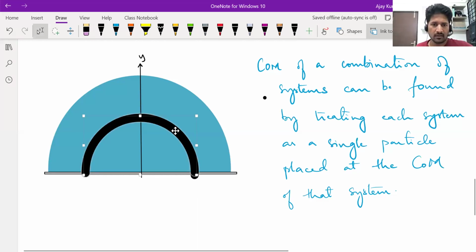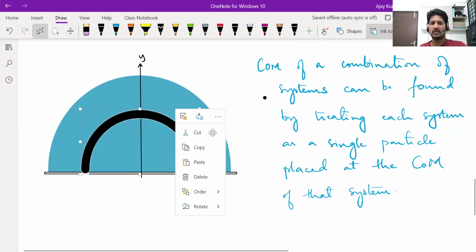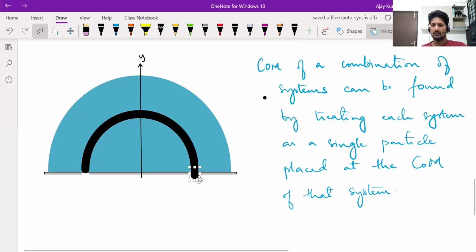Now see, the black thing that I have drawn here is a semicircular ring. It's not a disk, not a full disk. It's just a ring. The semicircular disk, which is the blue colored one, is a collection of many rings like this.